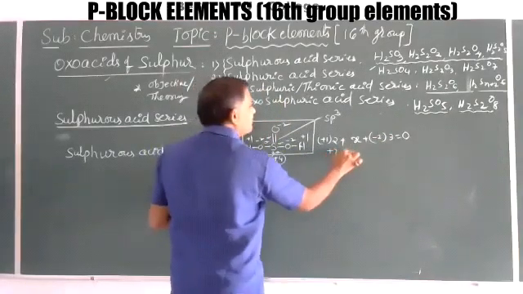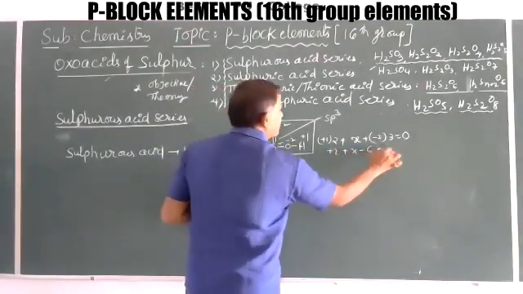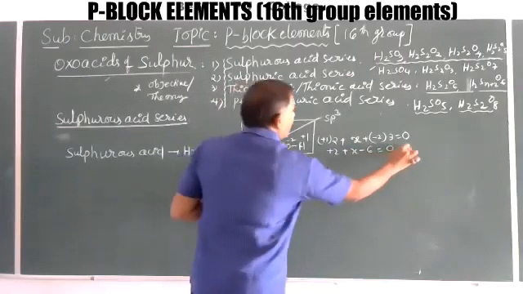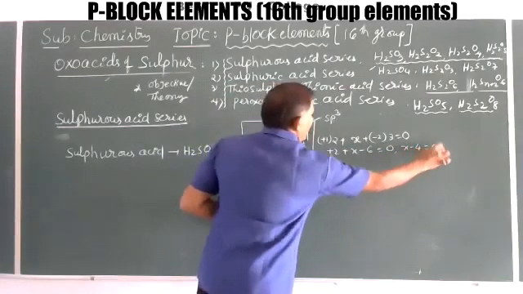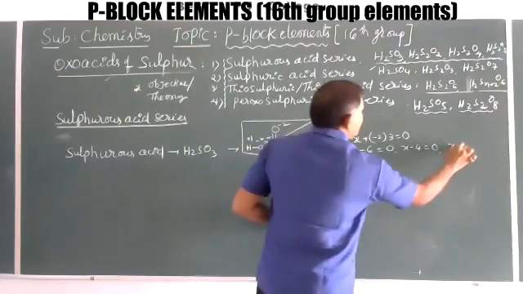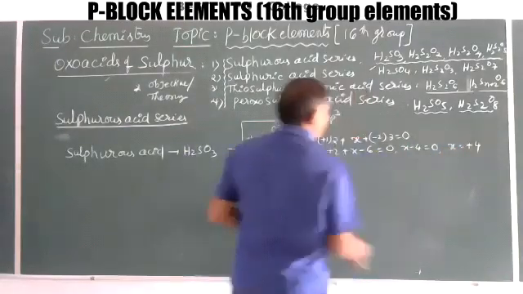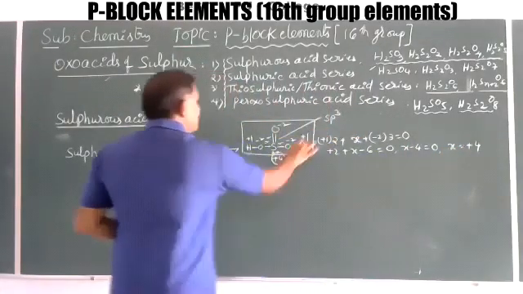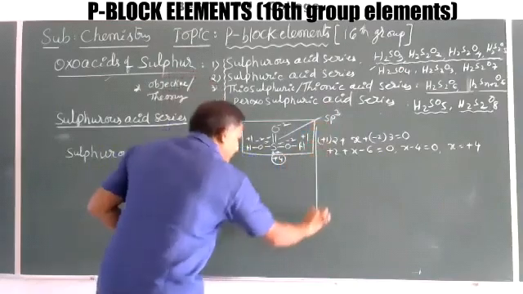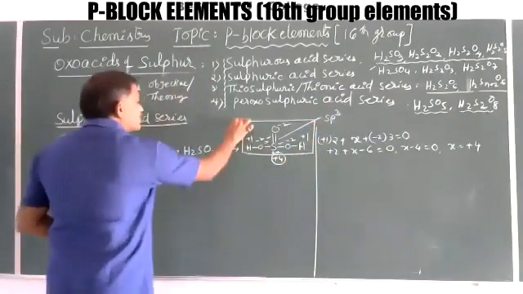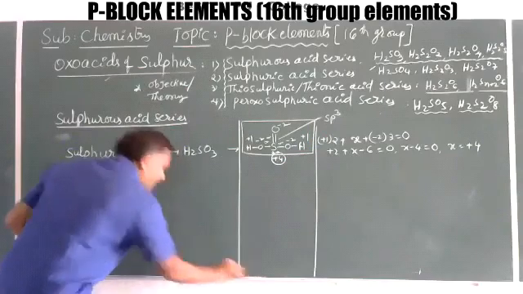So +2 plus X minus 6 equal to 0, X minus 4 equal to 0, so X equals +4 oxidation state. This is the structure and oxidation state of the sulfurous acid series.